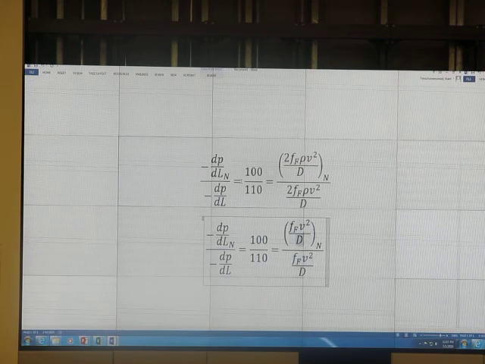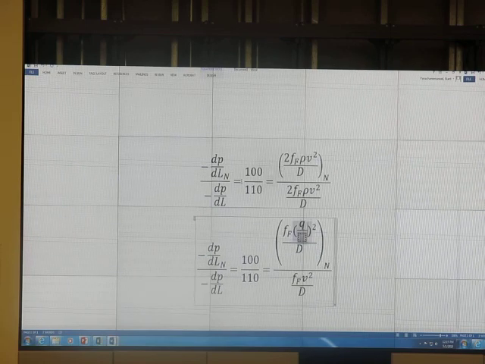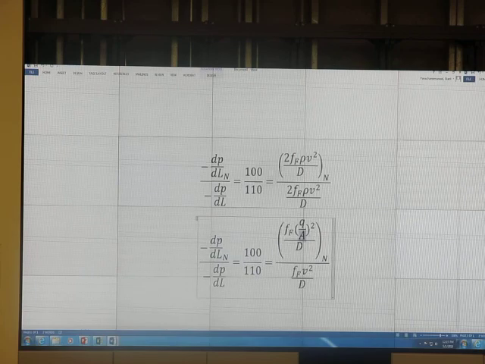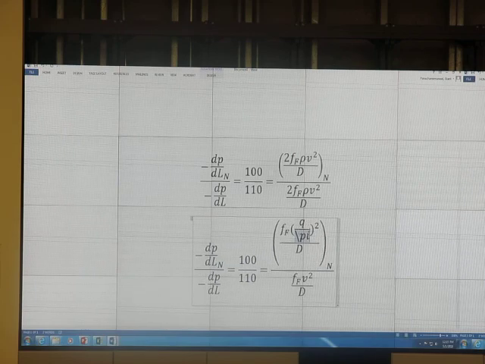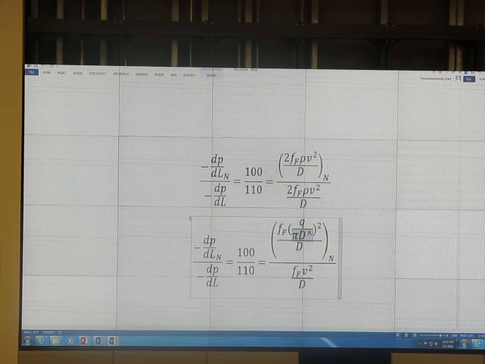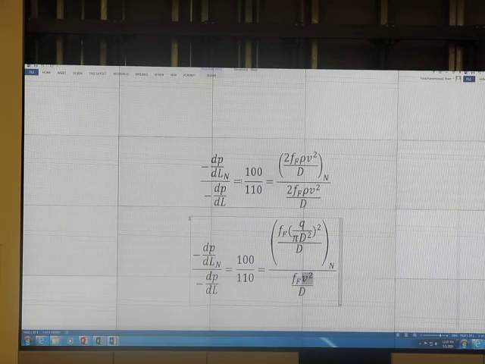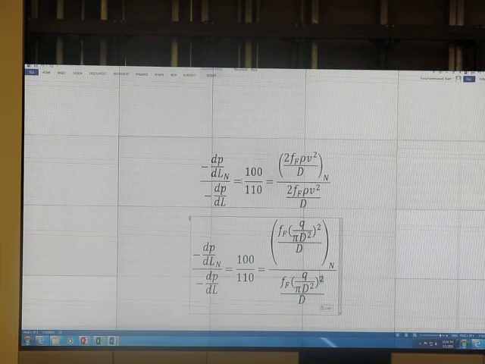Now you have F V square over D. V is flow rate divided by cross-section area, or pi d square over 4, but the 4 at the top and at the bottom cancel each other.